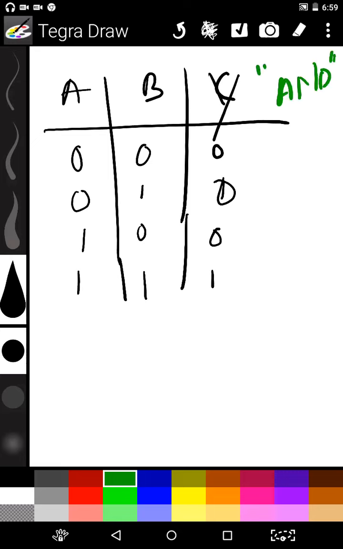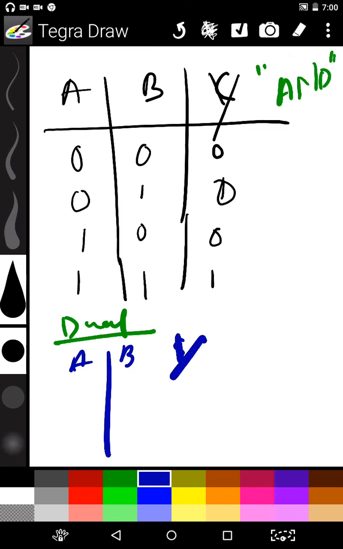Now we will represent the dual form. As we know, in the dual form the variables remain as they are, and all 0s are converted to 1s, and 1s to 0s. So the output becomes 1 1 1 0.